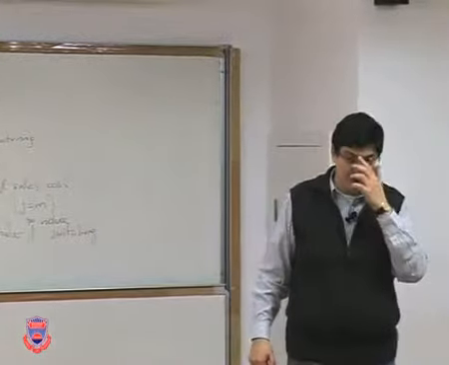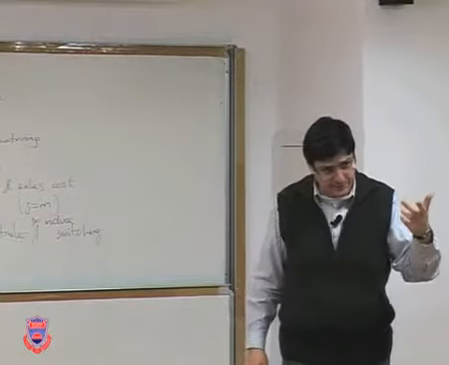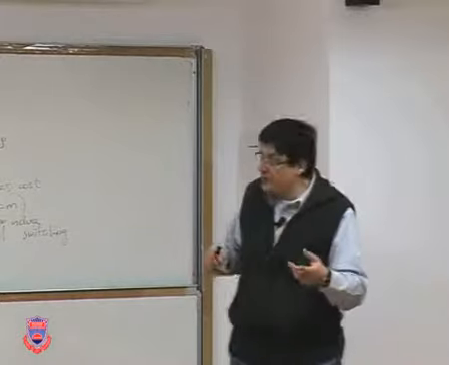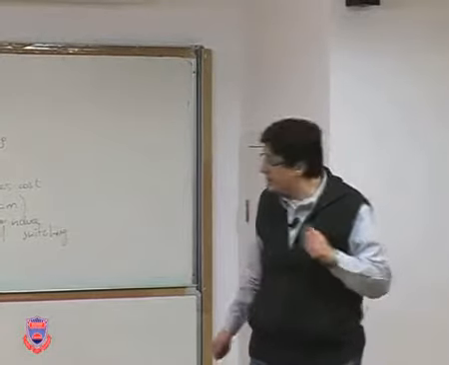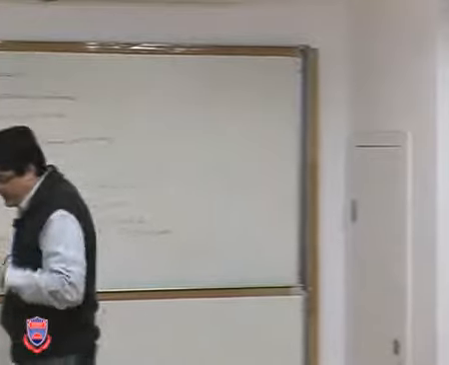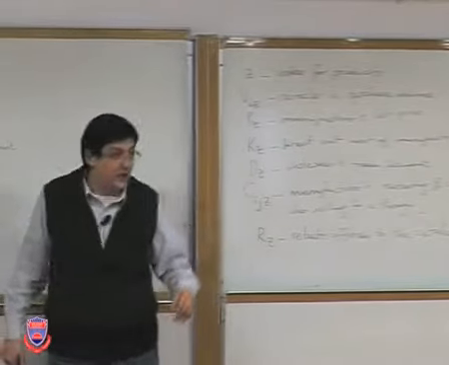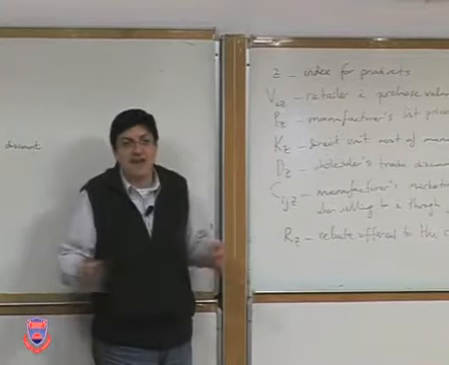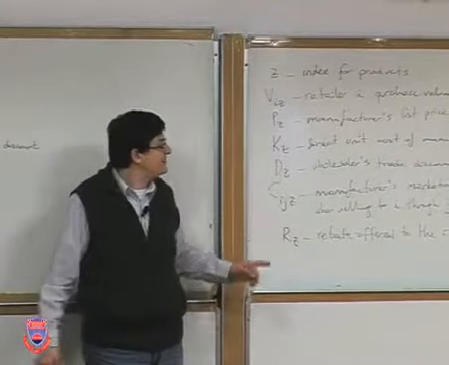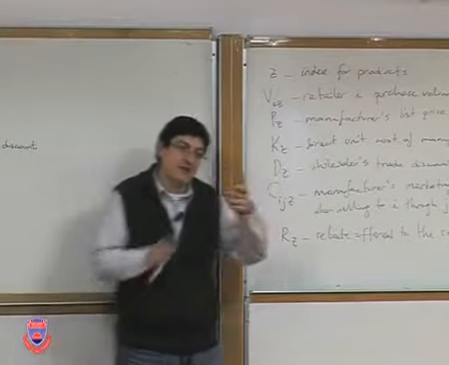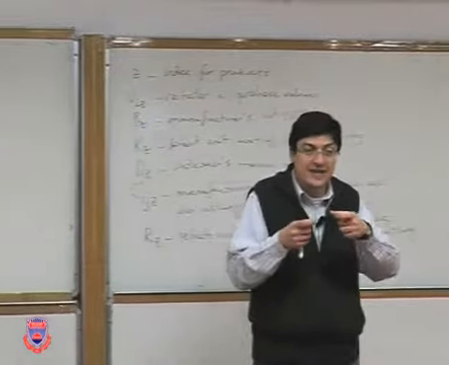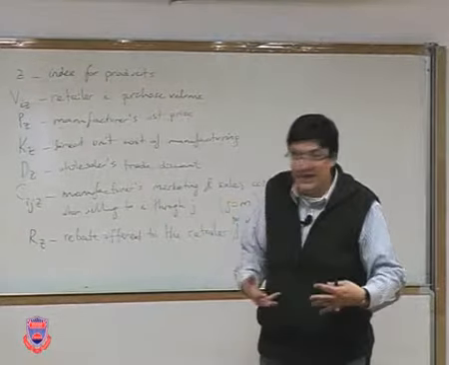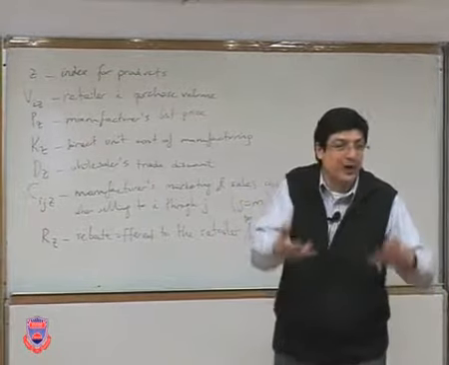If we want to induce switching, we are going to give this rebate. So note that if you give higher R sub Z, the retailer will be more willing to switch from the wholesaler to the manufacturer. Okay, of course the way that we are going to have this R sub Z's is that we are not going to have different R sub Z's for different items, but we are going to have some kind of a uniform R sub Z for all items, so that if there is switching going on, the retailer is going to switch over all products.